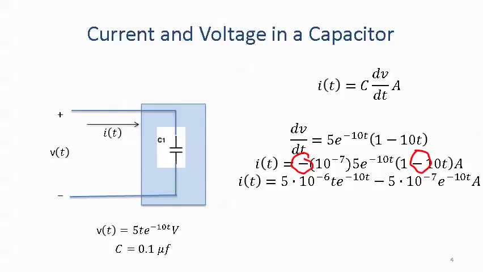We'll take the 5t e to the minus 10t, multiply that by 10, so 10 to the minus 7 times 10 will be 10 to the minus 6, and the first portion of our answer is here, 5 times 10 to the minus 6 t e to the minus 10t, and then the subtraction still holds for the second term, and that's going to give us a 5 times 10 to the minus 7 e to the minus 10t amps. So there's the current flowing through our capacitor with respect to time.